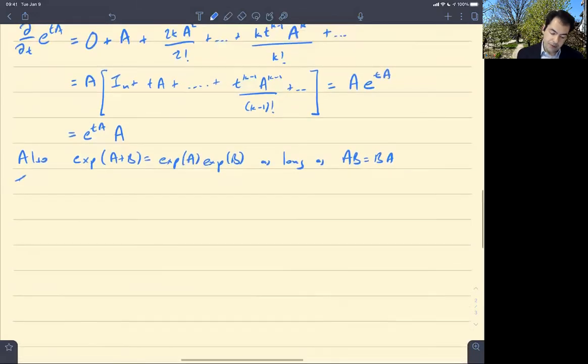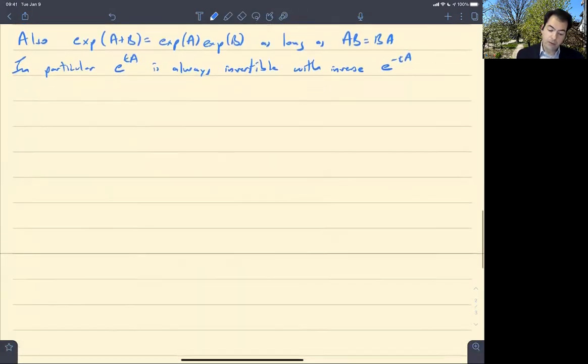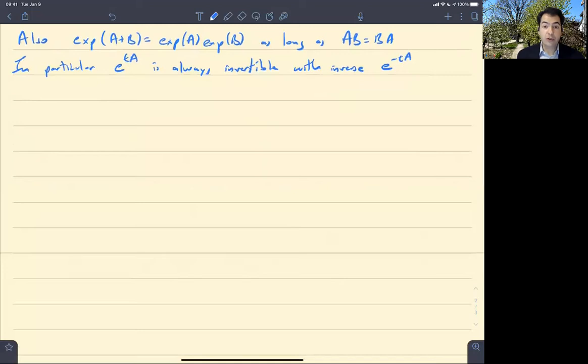In particular, e to the ta is always invertible with inverse e to the minus ta. Okay, so now having established this, let's go back to our differential equation.